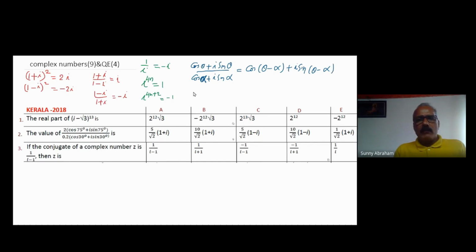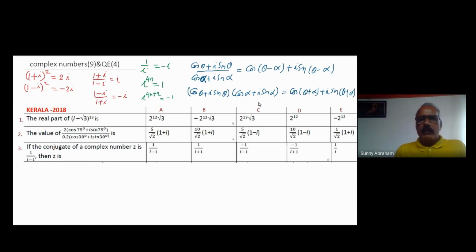Then see what is the product. (Cos theta plus iota sin theta) into (cos alpha plus iota sin alpha) is equal to cos of (theta plus alpha) plus iota sin of (theta plus alpha).